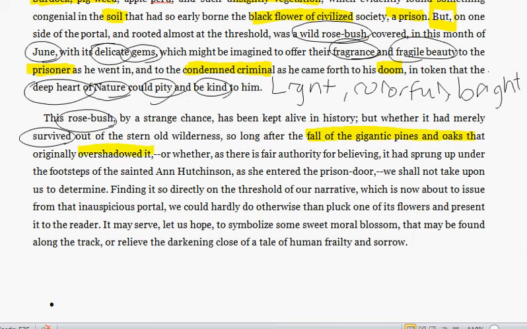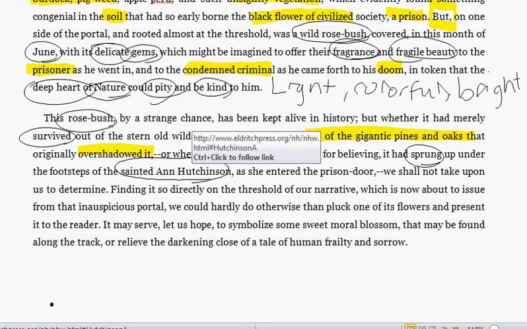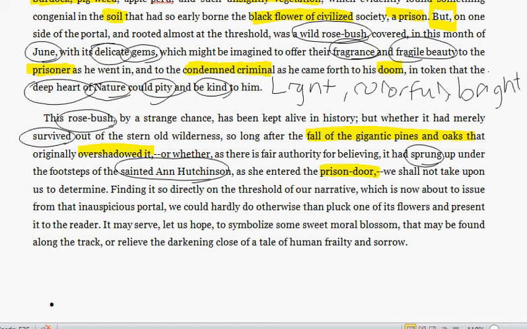And we have, again, a light word, sprung up, connotes quick movement, lightness, under the footsteps of the sainted Anne Hutchinson as she entered the prison door. Wow, in the same sentence, why is a saint going into a prison door would be the thing I might be asking myself.